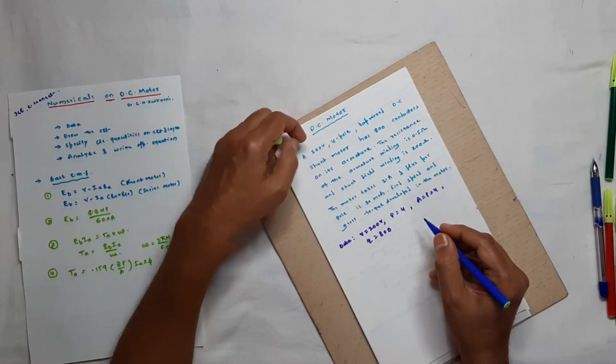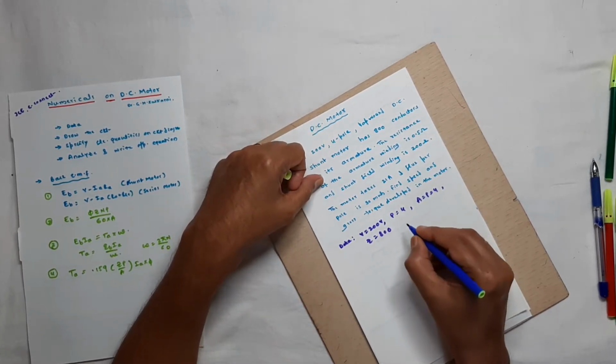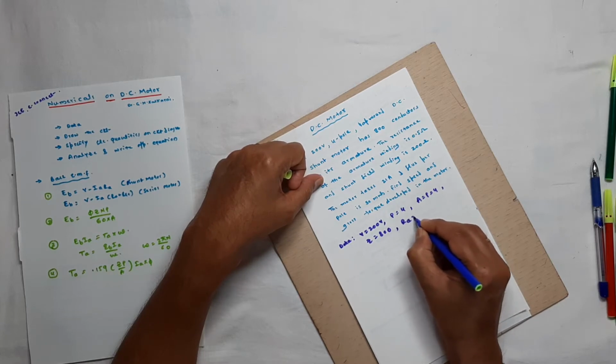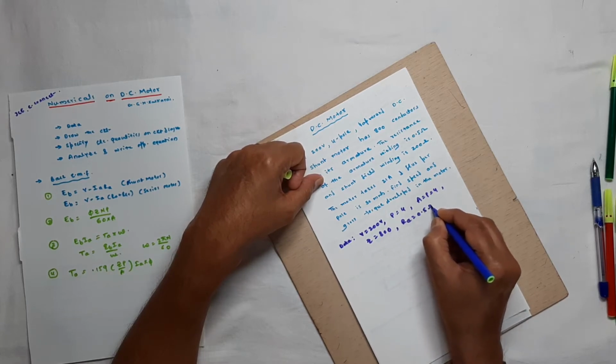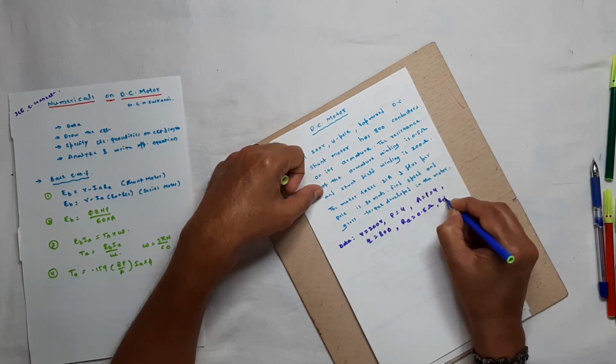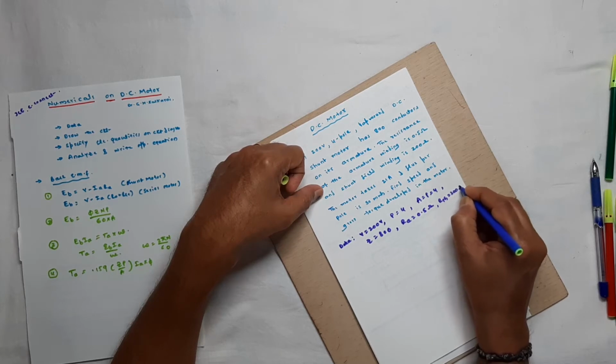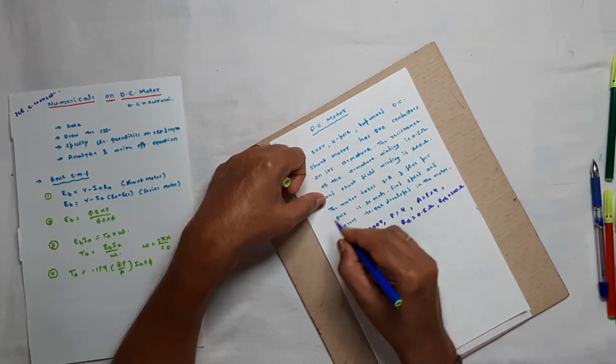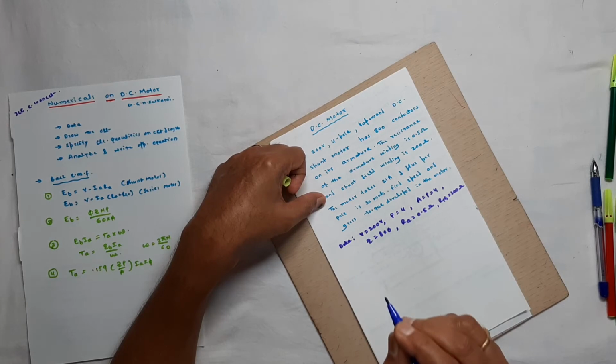Then on its armature, the resistance of the armature winding Ra is 0.5 ohm, and the shunt field resistance Rsh is 200 ohm. The motor takes 21 amperes.